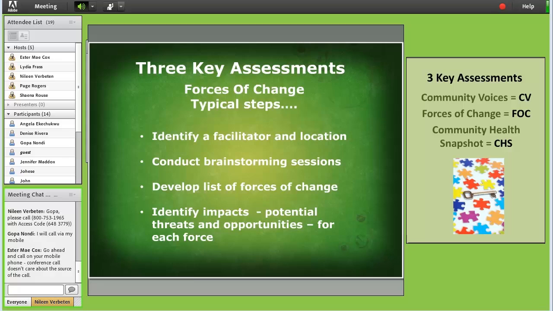On one hand, you need to think broadly about events, factors, and trends that represent major forces, but you also need to think about local forces as well. So regional, national, even global concerns should be considered. But on the other hand, you need to focus specifically on issues that are affecting your local environment.